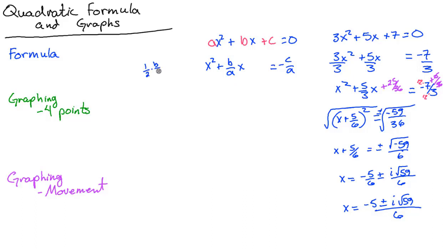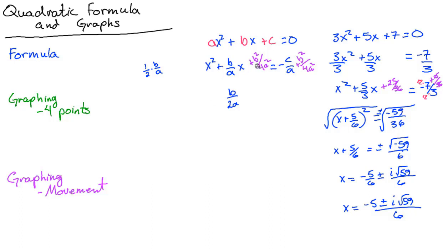Half of B over A, that's 1/2 times B over A is B over 2A. That's half of it. And so if we square this, we are adding B squared over 4A squared to both sides. Ooh, yeah, look at that. That's kind of tough there. So what happens when we add both of those together?